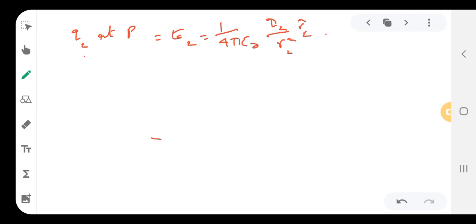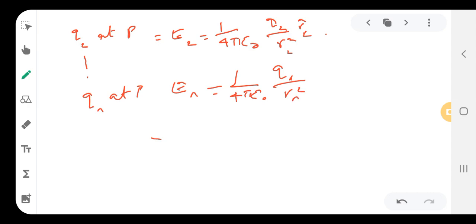Similarly, for Qn at P, En is equal to 1 upon 4 pi epsilon naught Qn by Rn square Rn cap. Therefore E is equal to E1 vector plus E2 vector plus E3 vector, and so on, up to En vector.